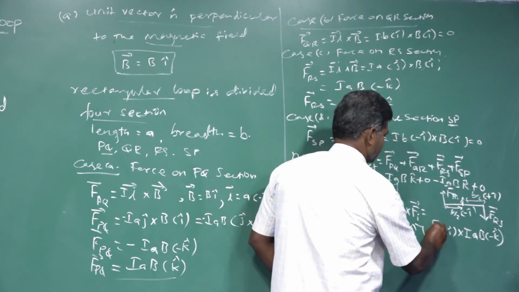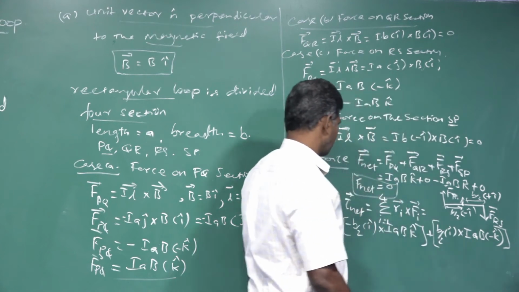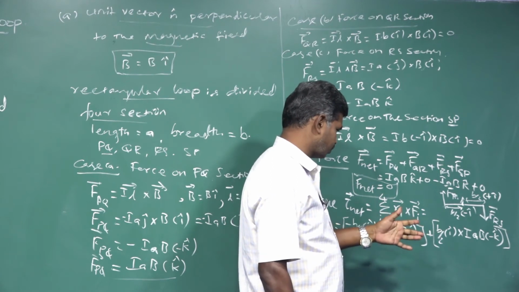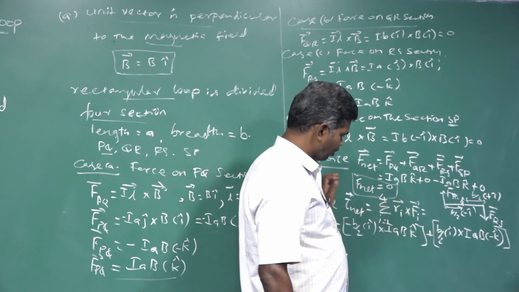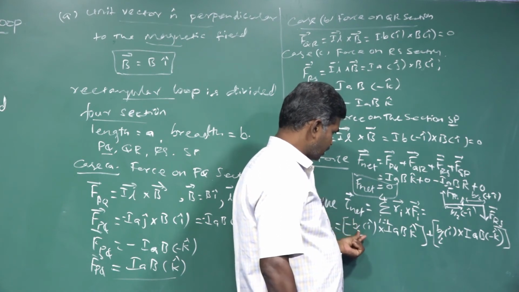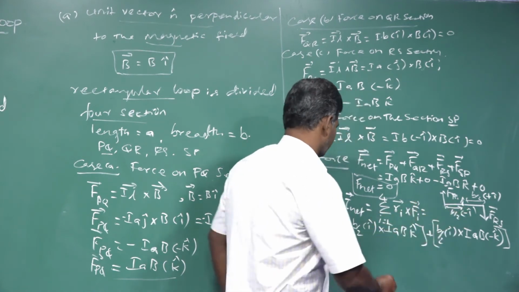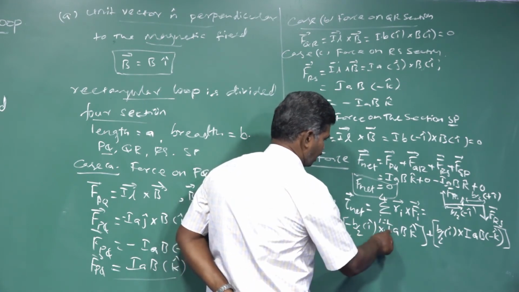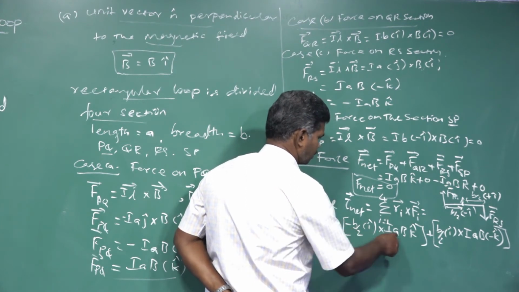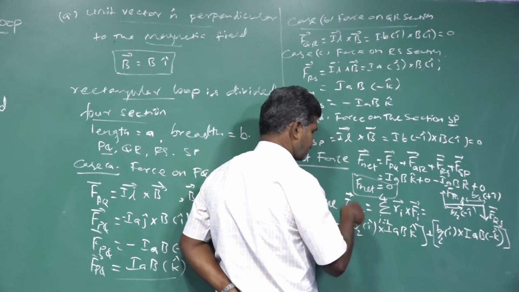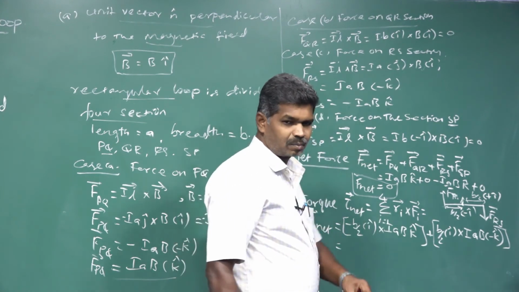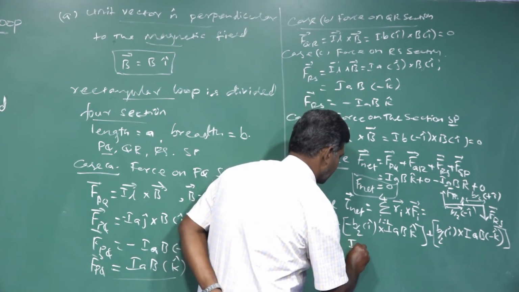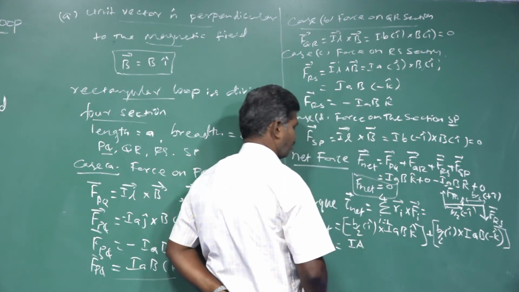The two are added. Here I a b common, there b by 2, b by 2. Then we can take either common or half a part of that going to add with that next half a part. So we will make some simple arrangement. Small a into small b, that is the length into breadth. Length into breadth is nothing but the area of the loop. That's why we are going to take I capital A. How are we getting that capital A?